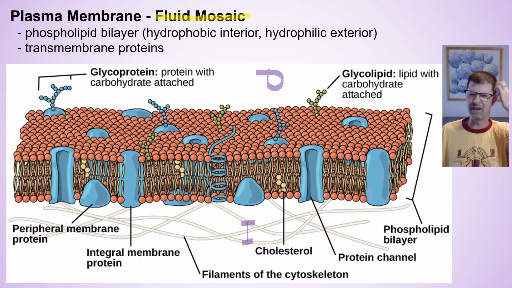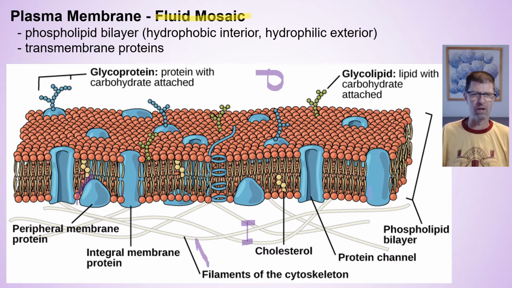And the reason that I know that, sorry about that, oh, that's pretty bad. The reason I know that is because inside we have filaments of the cytoskeleton. So that's the inside of the membrane. And we have some proteins that are embedded in the membrane. Again, you can recognize the phospholipid bilayer. But we have some proteins that are embedded in it.